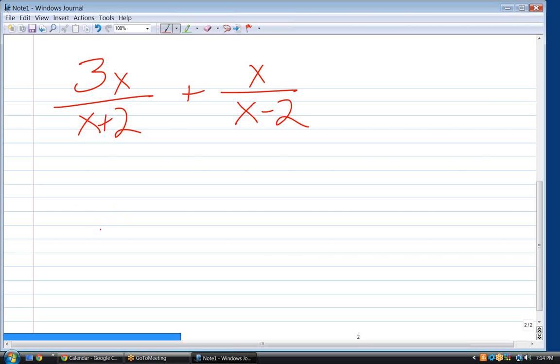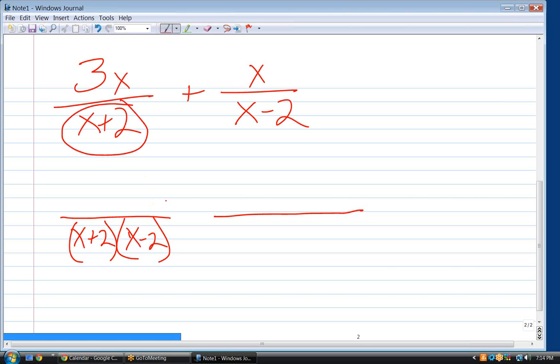What do we have to do in order to add these two fractions? You need to make the denominator the same. We need to come up with a common denominator. What's the common denominator, and how do you figure it out when there's variables involved? The common denominator would be x plus 2 and x minus 2. The product of the two variables we're looking at is always a common denominator, because the definition of a common denominator is anything that each term divides evenly into.